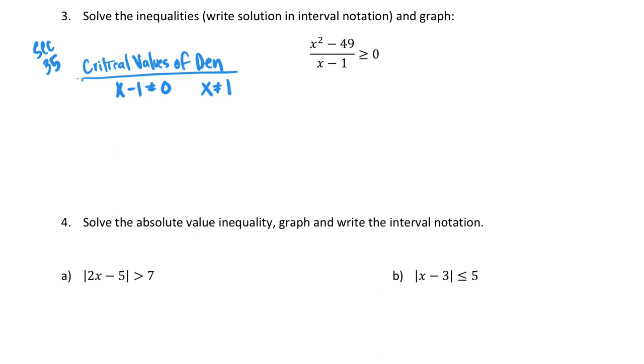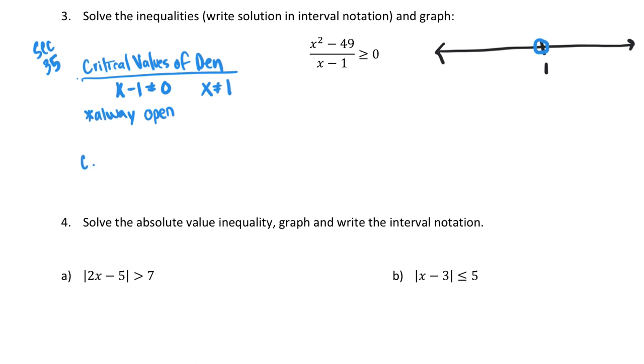So if we put that on our number line, here's 1. We cannot be equal to 1, so this is always open. The critical value from our denominator is always open. Okay, I call it a critical value because it's the critical place where things change. It's either going to change from being positive to negative, or possibly change.